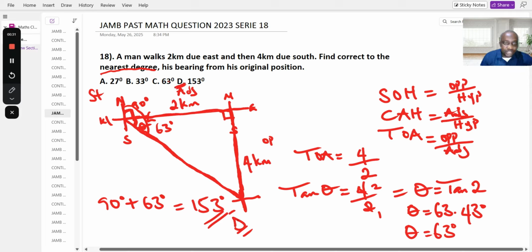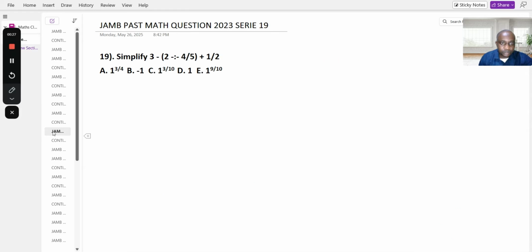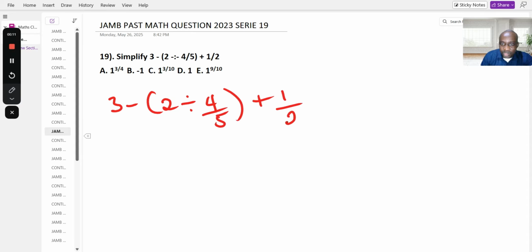Let's move to the next question. Simplify this. Let me write out the question. 3 minus 2 divided by 4 over 5 plus 1 over 2. Now, let's begin to calculate.